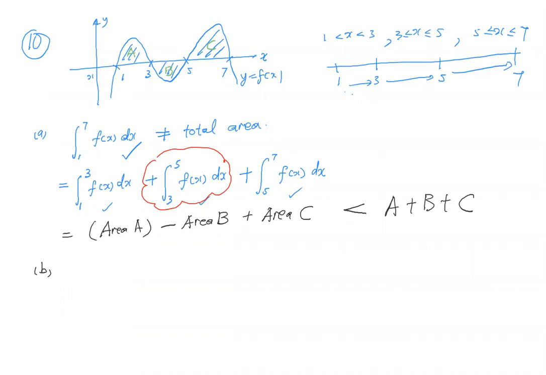So I will write the expression: integrate 1 to 3 f(x) dx plus integrate 5 to 3 f(x) dx, then plus integrate 5 to 7 f(x) dx.